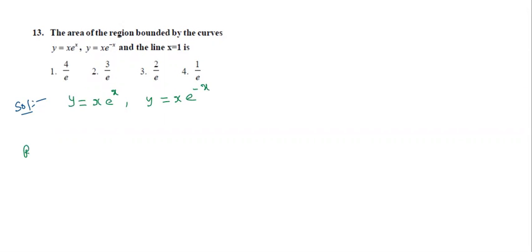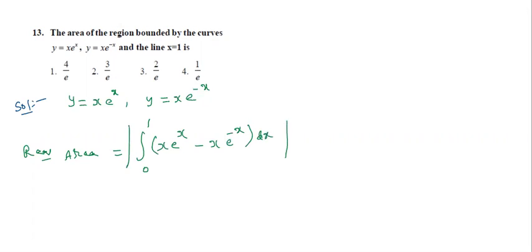So for the required area, take the limits, integration 0 to 1. First I am taking the first curve, x e power x minus x e power minus x square. Which is the upper curve and which is the lower curve, we don't know. That's why put the modulus.